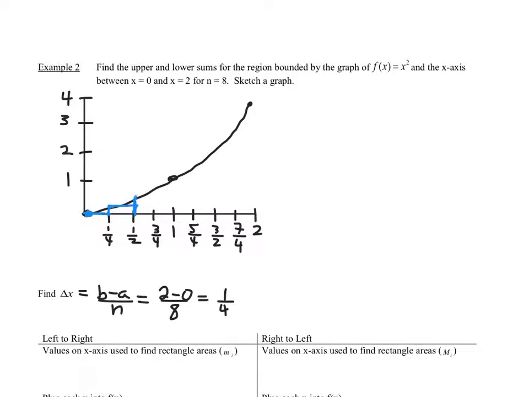Now, left rectangle approximation is not always going to give you an underestimate, but for this problem and the last one, that's how it's been working out, and that's because of the nature of the function.